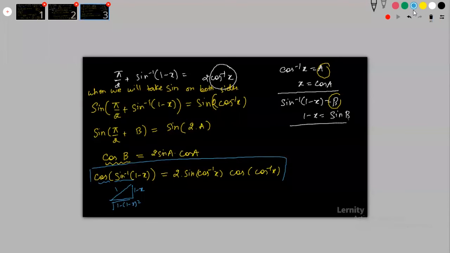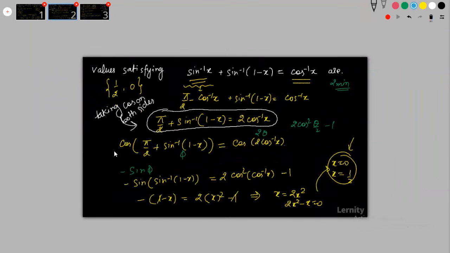Now here I have 2 cos of cos inverse x, so this will simply give you x. But here again you have to make a triangle, right? When I'm taking sine, this cos is coming with sine and sine is coming with cos, right? But see, in the previous slide I have very cleverly taken cos.